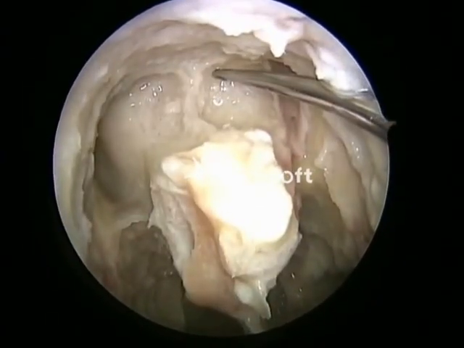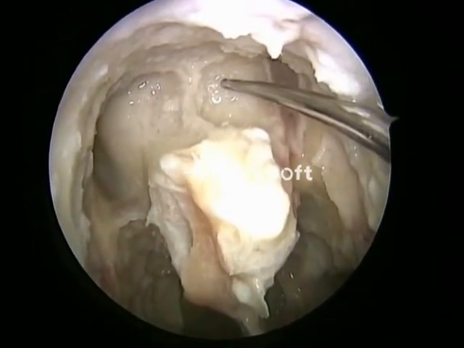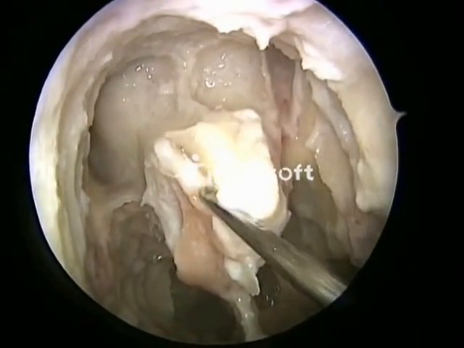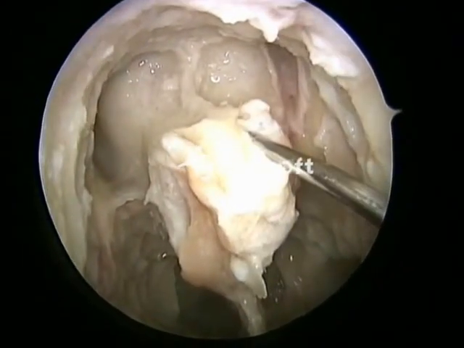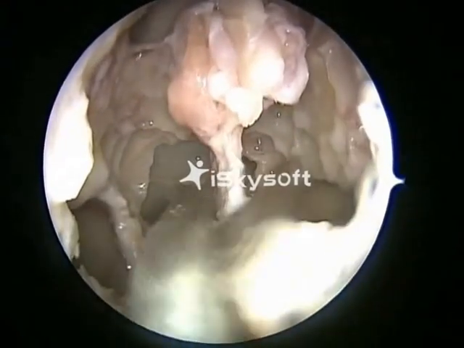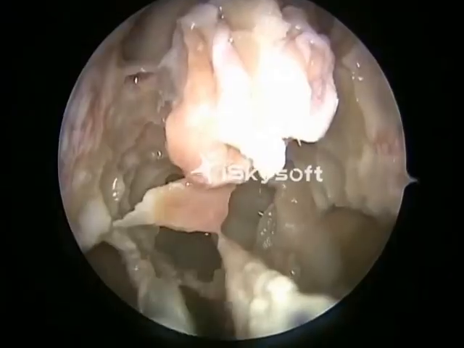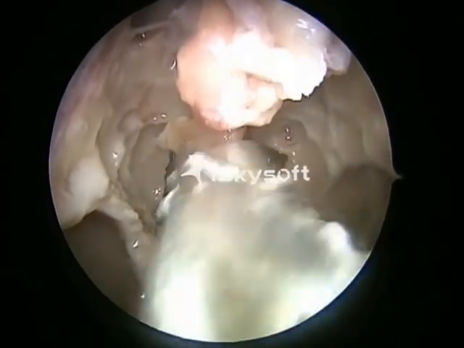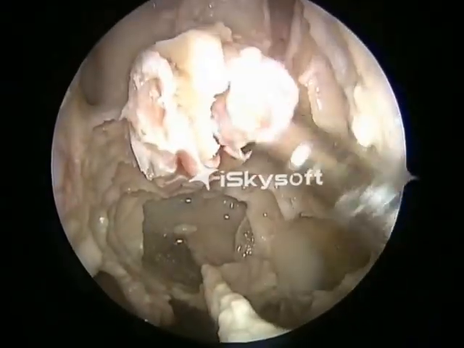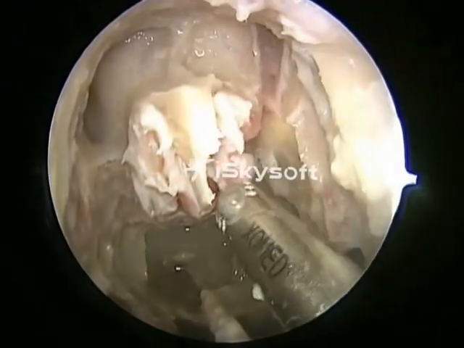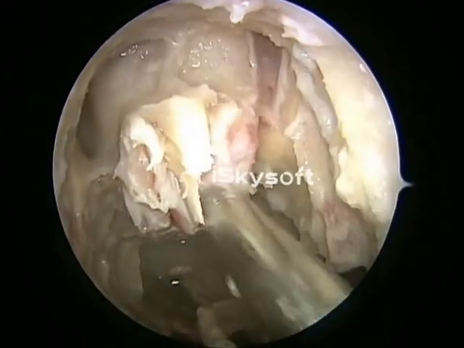Now that's the navigation probe, Karl Storz's navigation probe, being used to touch the posterior table of the frontal sinus and also the first olfactory neuron. And then we transect the nasal septum so that the nasal septum is totally detached. And now we are debriding the remnant middle turbinate.